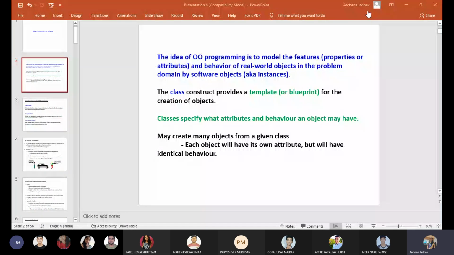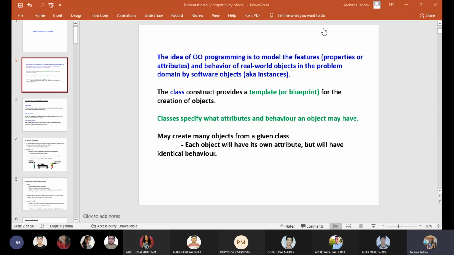Like I told you the day before yesterday, when you are talking about a person, a person can be a student, an employee, or a worker, and each one of these categories of a person has its own behavior and its own properties. Yes or no?